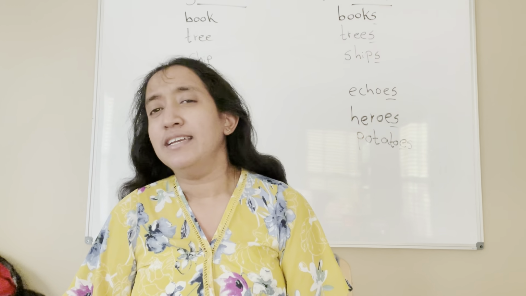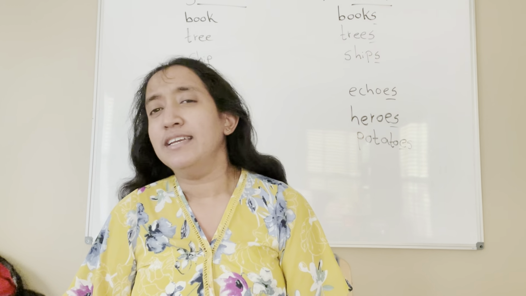What is a singular noun? A singular noun indicates only one item. We talked about only one. That may be a tree, a boy, a student, a girl. We talked about only one thing. When a noun indicates only one, it is a singular noun.